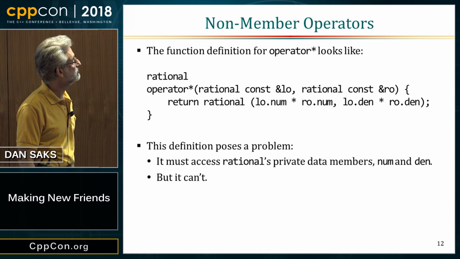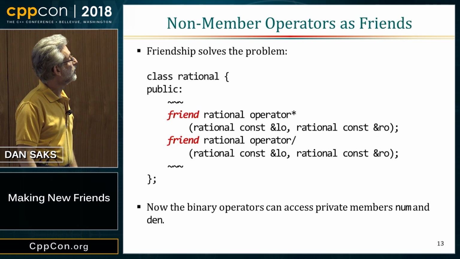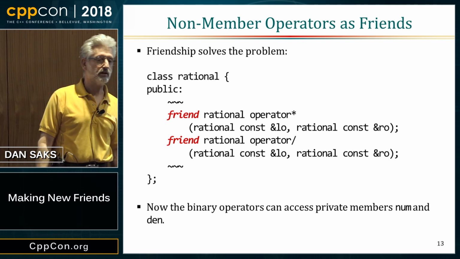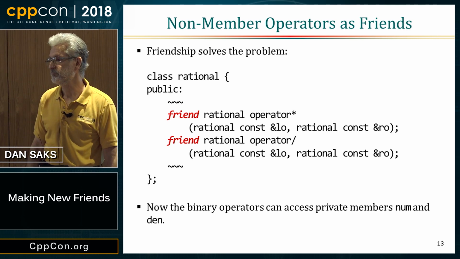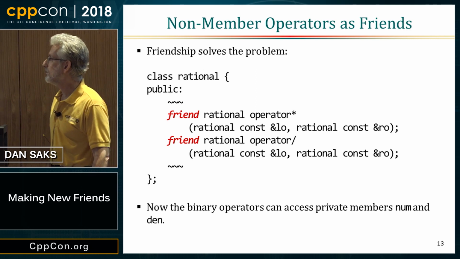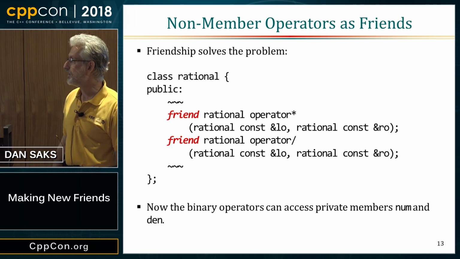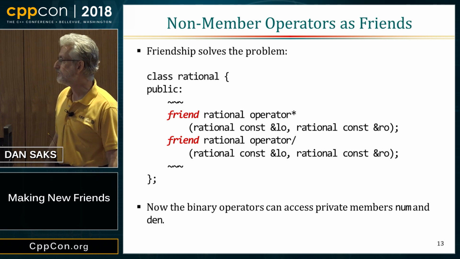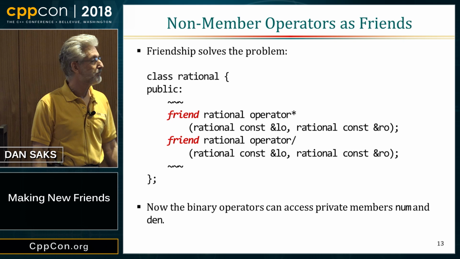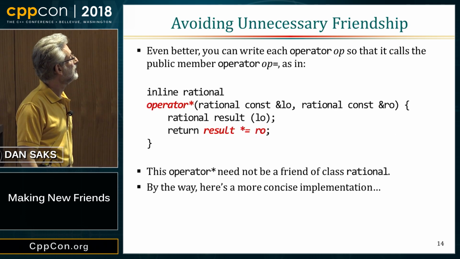So what do we do? Well, one way to do it is to grant friendship. This is what a lot of people think of as a legitimate use for friendship, and it arguably is. And now you can go ahead and implement all of the operators multiply, divide, add, subtract as friend functions like this, and the bodies are all just the straightforward operations that I just showed you.